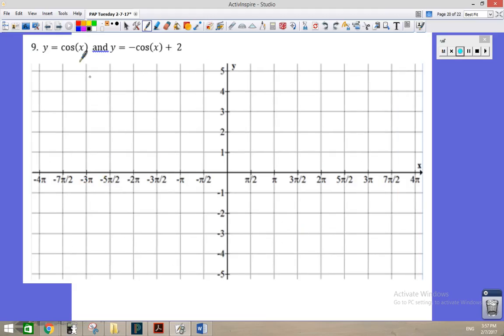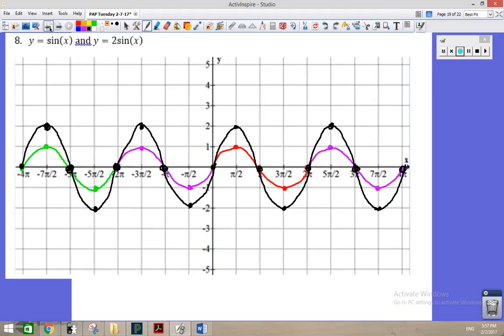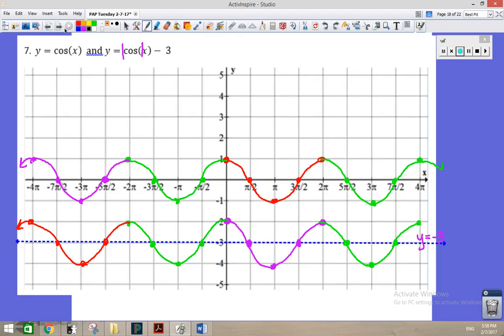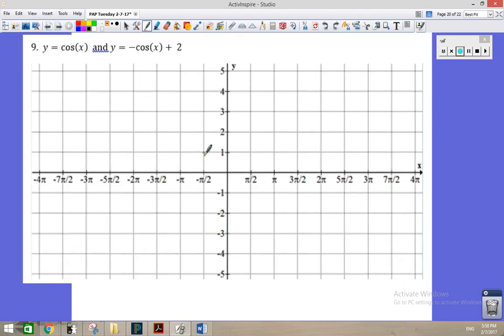So now this cosine, remember we already know what the cosine looks like. My parent function is just bouncing back and forth between 1 and -1. And notice it happens pi/2 units apart.